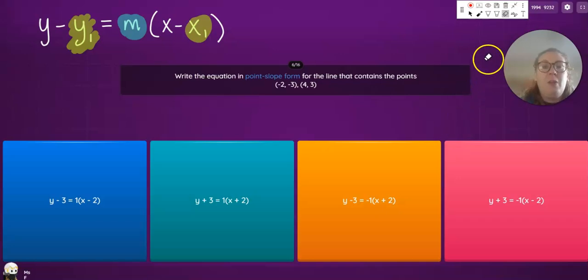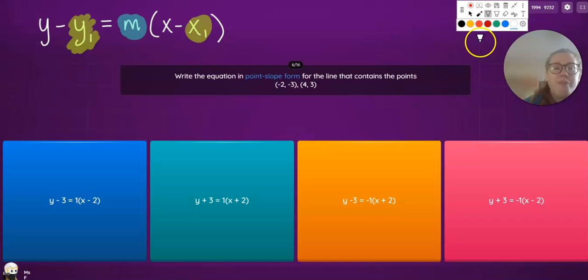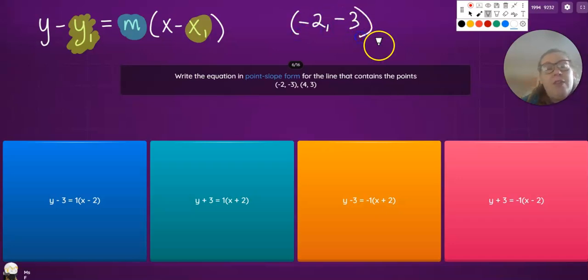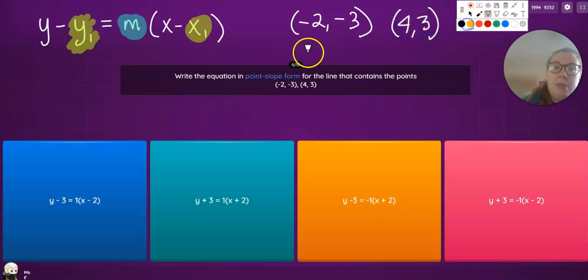Write the equation in point slope form for the line that contains these points. The first thing we are going to need is our slope. So we can have negative 2, negative 3 as our first point, and 4 comma 3 as our second point. We can label these just to say, hey, that's our first point and this is our second point.